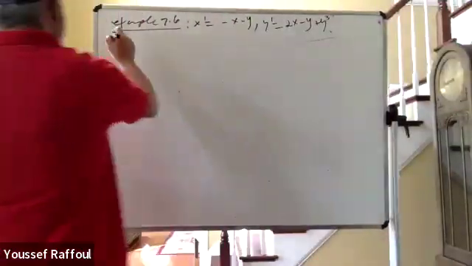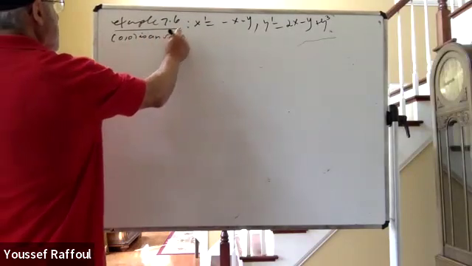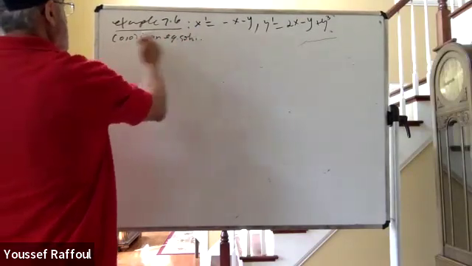So clearly, (0, 0) is an equilibrium solution.